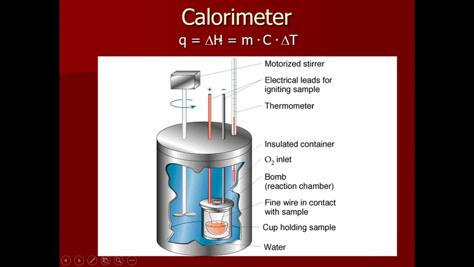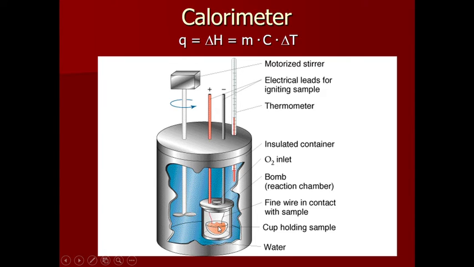So this is a diagram of the instrument, that is calorimeter. In calorimeter, we can determine the heat changes involved in a chemical reaction. This is the reaction compartment over here.